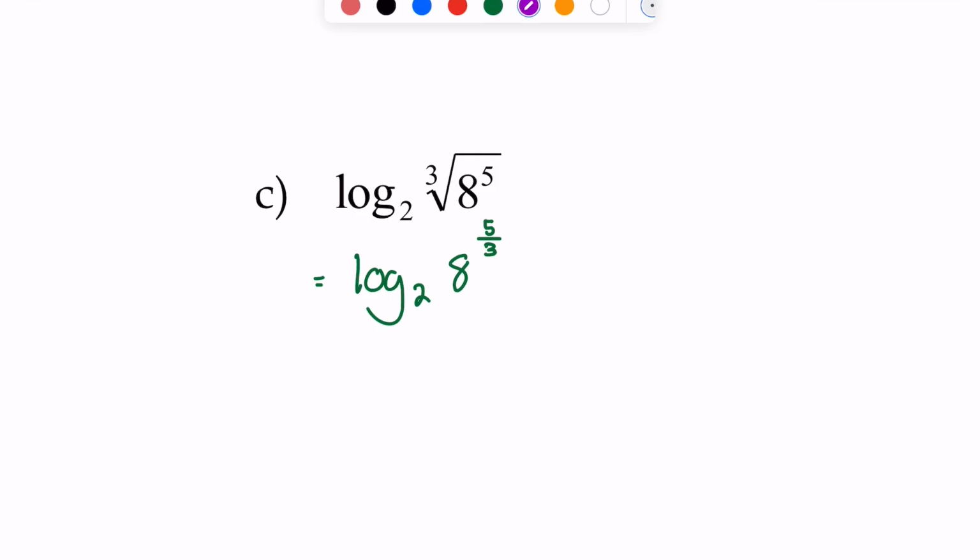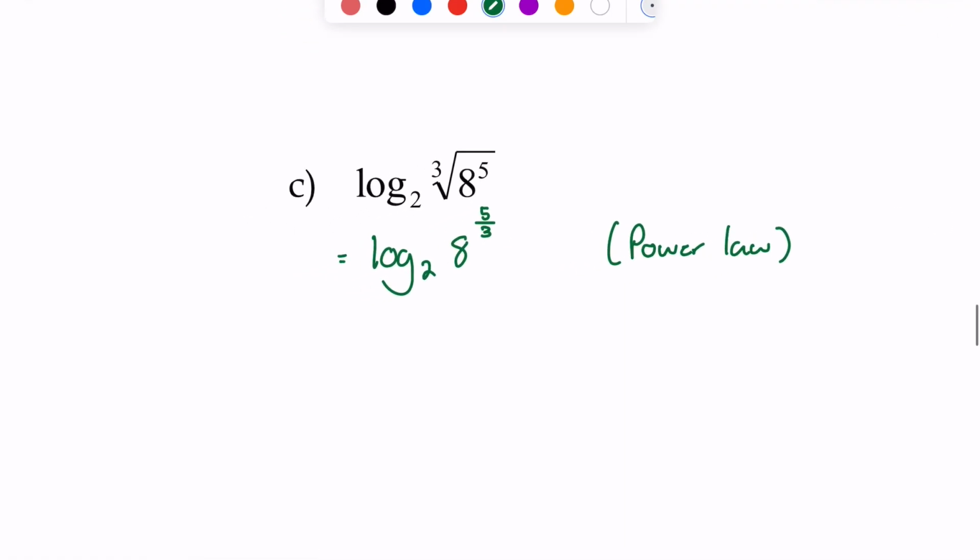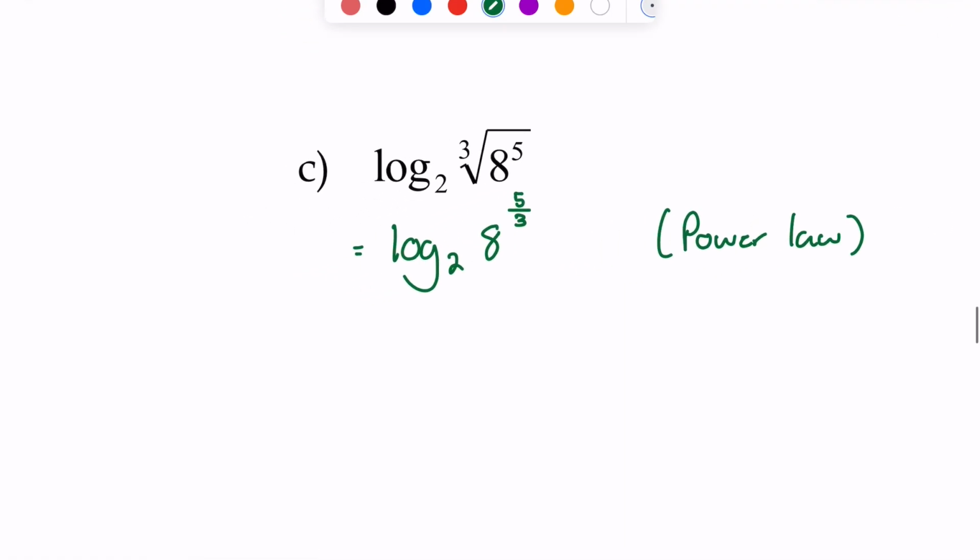Now I'm going to use my power law. The power law says that for any logarithm where you have a number put to an exponent, you can carry that exponent down in front.